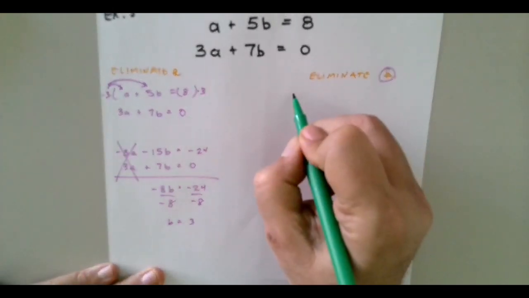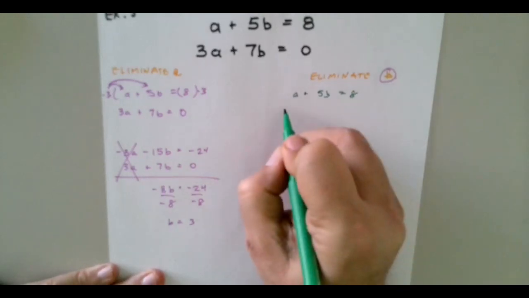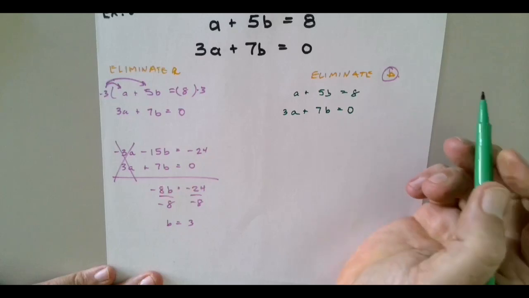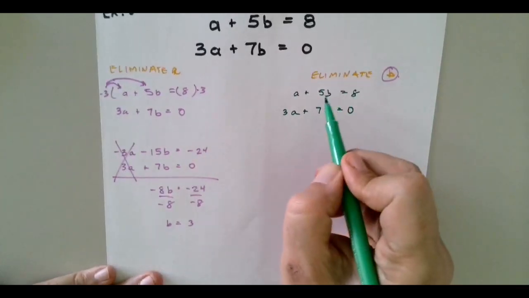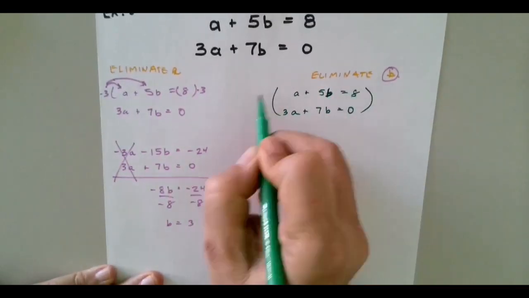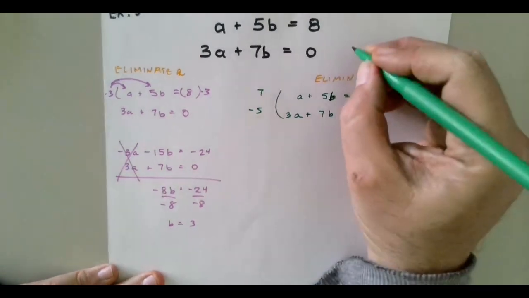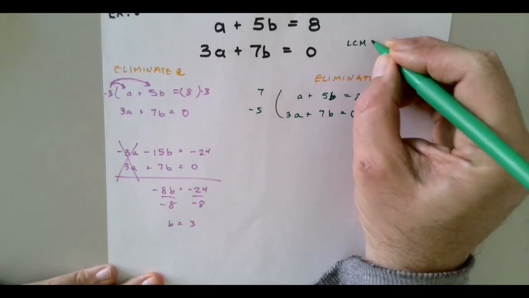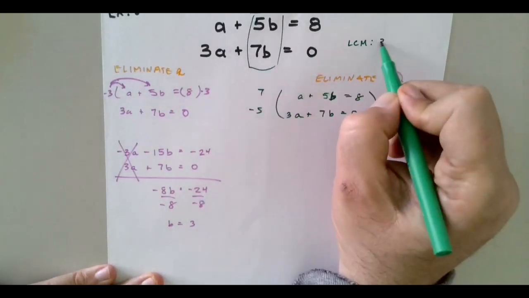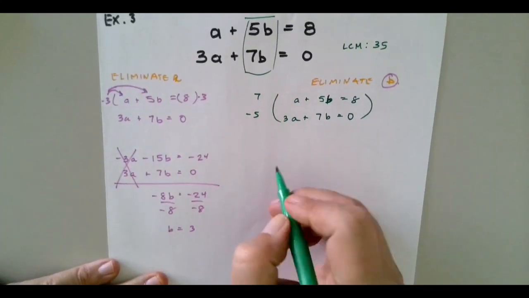So here, I have a plus 5b equals 8, and 3a plus 7b equals 0. So I just happen to notice that the 5 and the 7, I can get them to line up if I multiply the top by 7 and the bottom by negative 5. How do I know that? Because the LCM of 7 and 5 is 35. The least common multiple is 35. So I multiply everything here by 7.